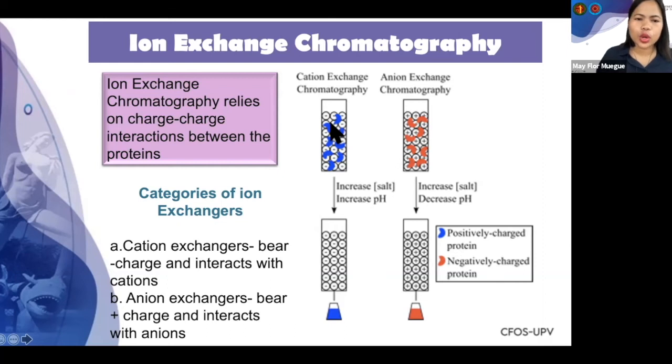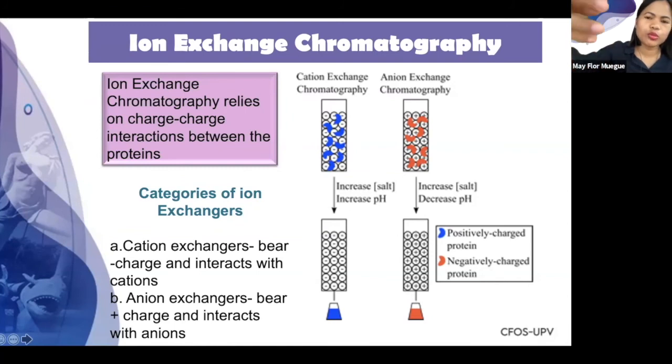So if you have your column, no, the procedure would be: an impure protein solution will be loaded dito sa iyong column. And then all the positively charged molecules will be attracted. Magdidikit siya dito sa iyong column. And then you add a buffer. Nag-pour ka.